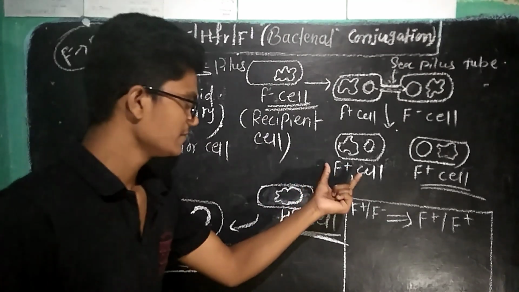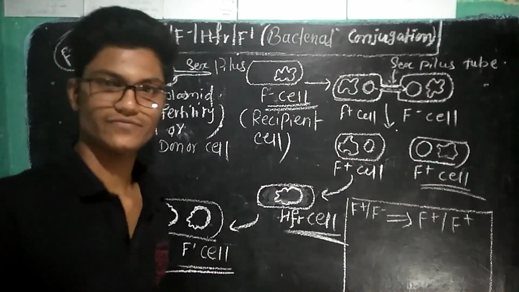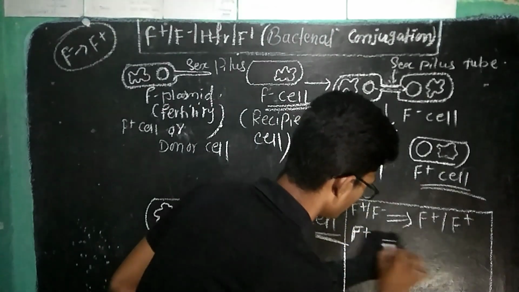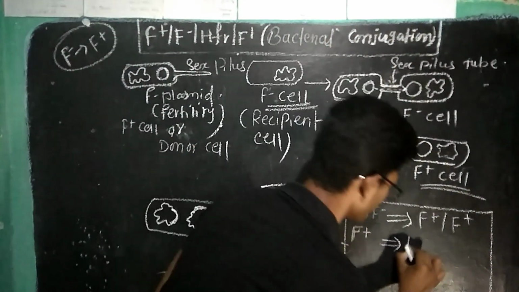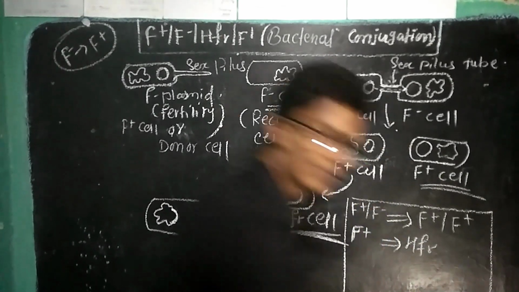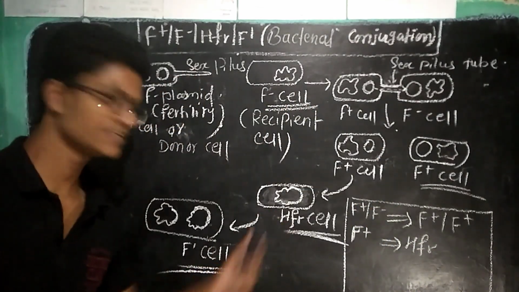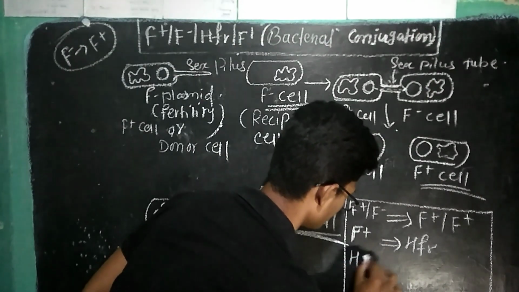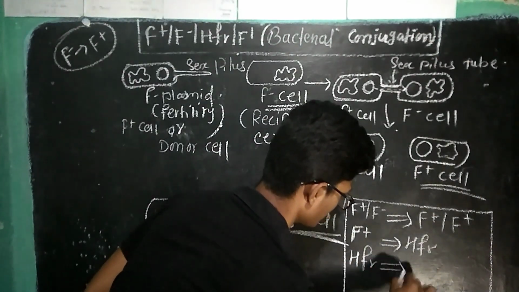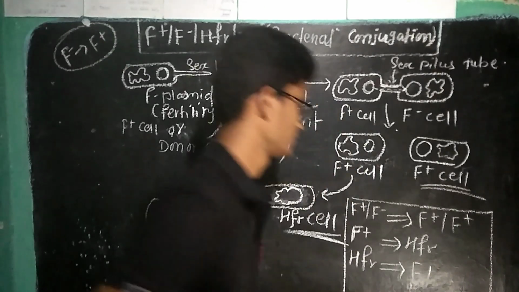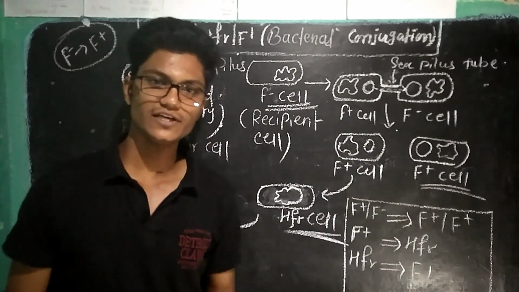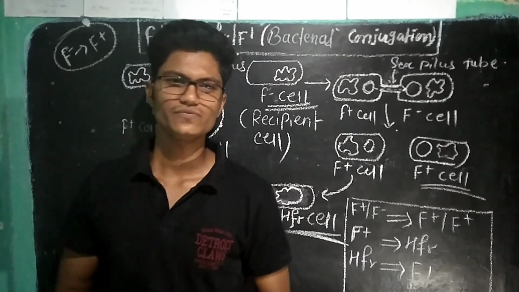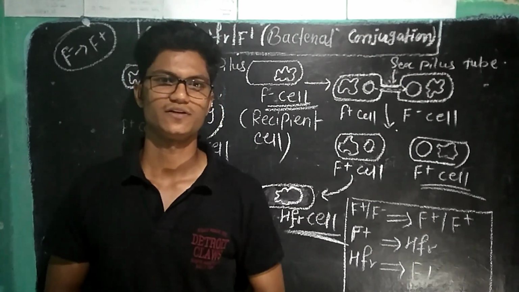And from the F plus cell, we get HFR as a new combination. And from the HFR, we get F prime as a new combination. F prime.